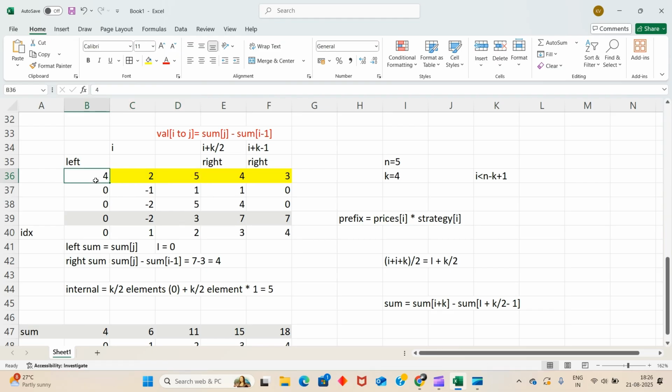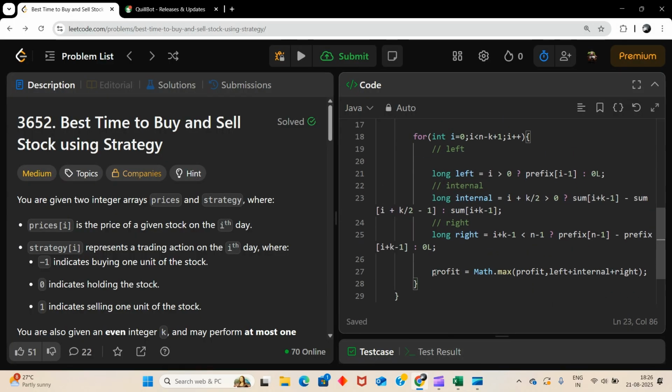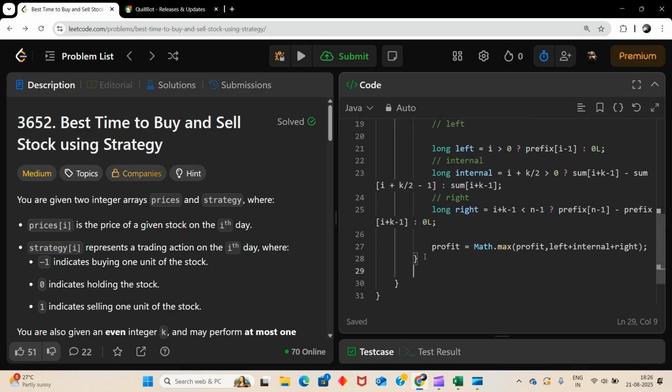And if we have this case, then it will be just the sum from here to here. That means our last element will be this i plus k minus 1. So we will be just writing the sum of this, and then at the end we will return this profit. We maximize profit, left plus interval plus right.